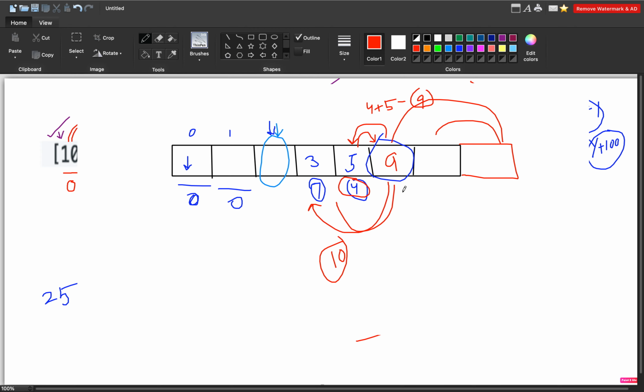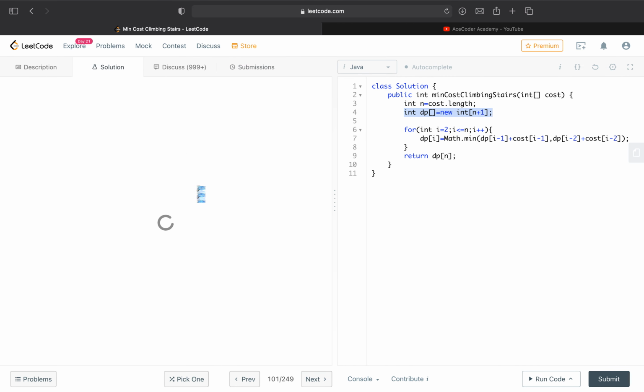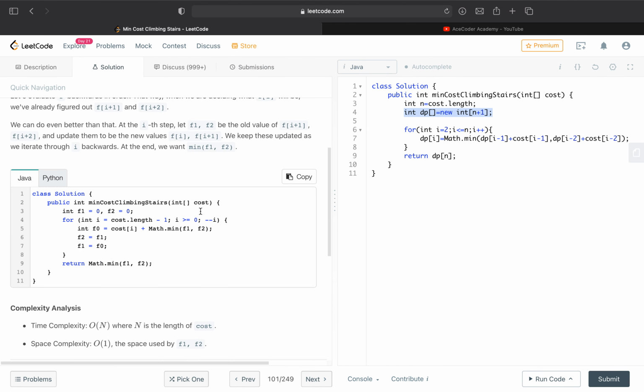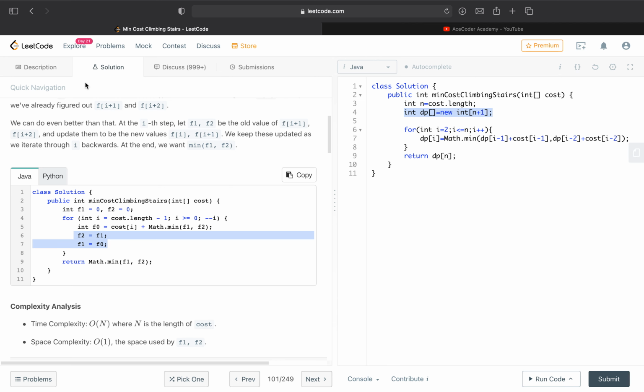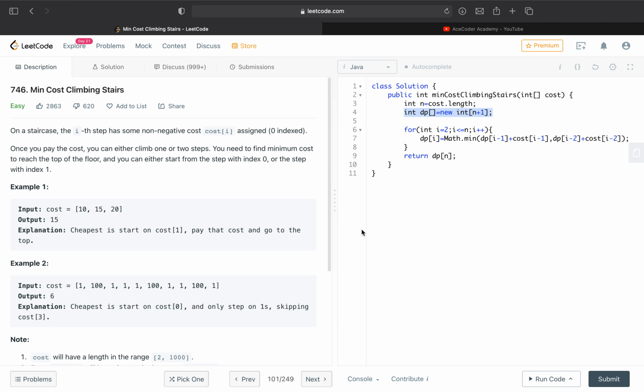So why do we need to make such a long DP array? We can just make 2 variables and switch the values in them, like it is given here also. You can refer here, only 2 variables are taken into count. So yes, you can do it like this also. It is easy to understand, you can do that yourself.